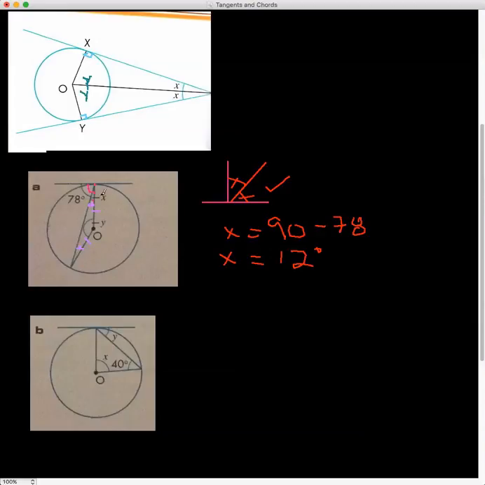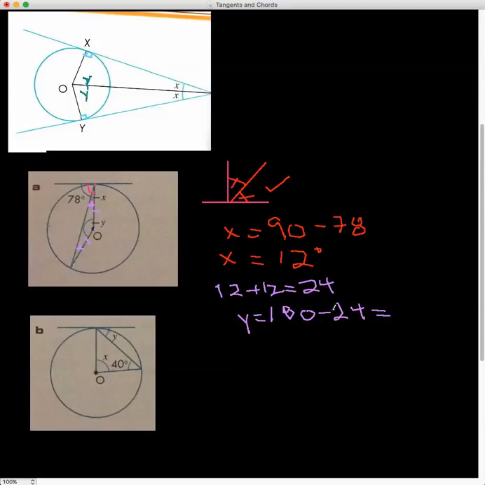So if I add this angle x plus this angle x, I have 12 plus 12 is 24. And the reason why I add these two is because I know that the sum of the three angles in this triangle here, from O to the outside back here, has to equal 180 degrees. So if I go 180 minus 24, that should give me this last angle y.